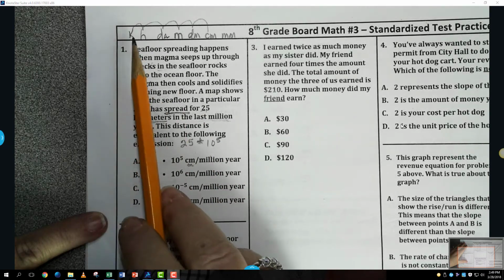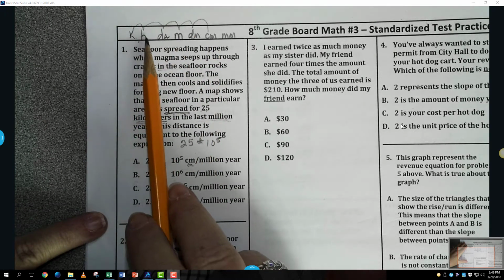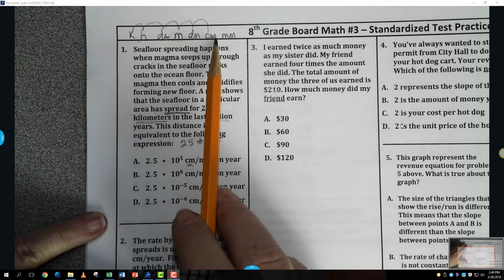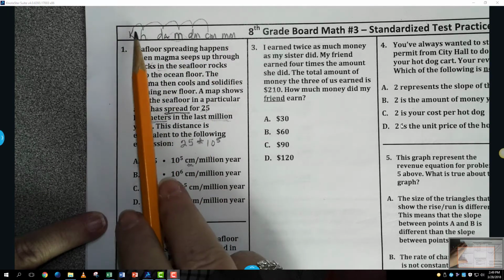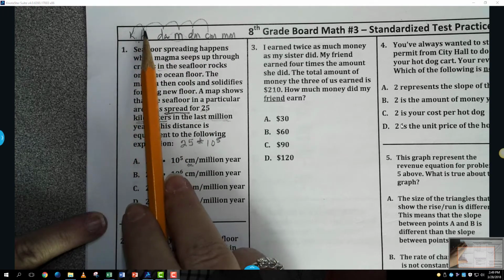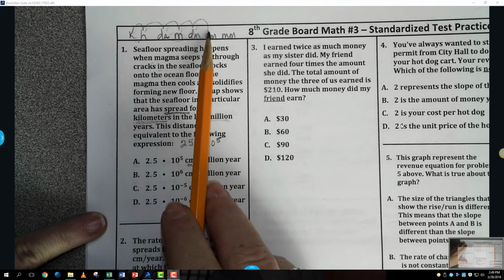Kilo, hecta, deca, here's the meters, decimeters, centimeters, and then millimeters. To go from kilometers to centimeters, I multiply by 10 to the 1st, 2nd, 3rd, 4th, 10 to the 5th.